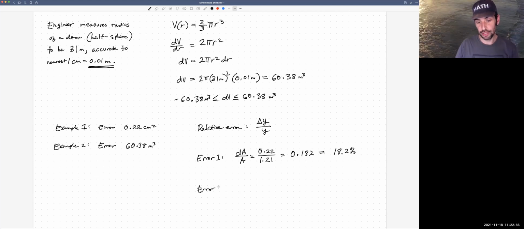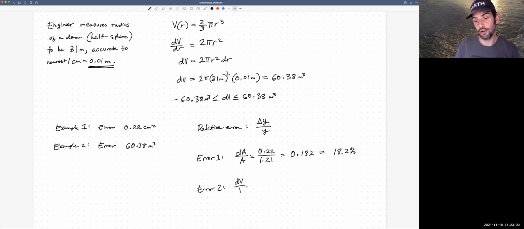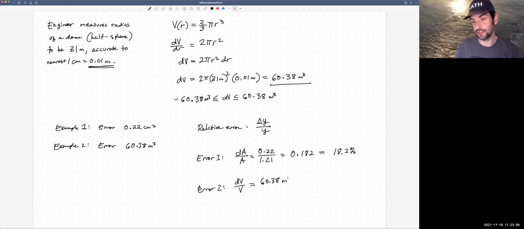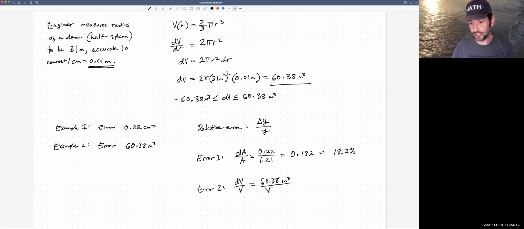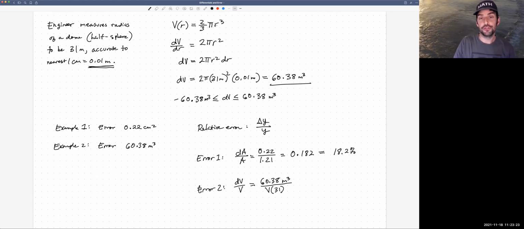Error 2, even though it's much bigger, we're going to look at dV over V. So dV, we got to be 60.38. Oh, and I forgot to do units on that last one. Let's look at the units in this one. We have meters cubed. V is going to be our measured value for V, so this is going to be V of 31. In other words, we're doing 2/3 pi times 31 cubed.